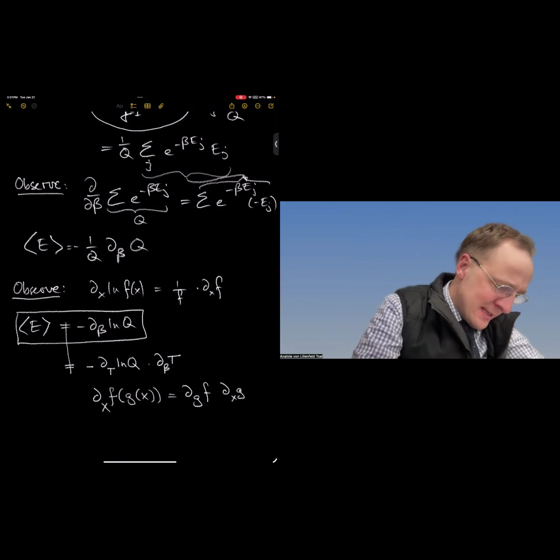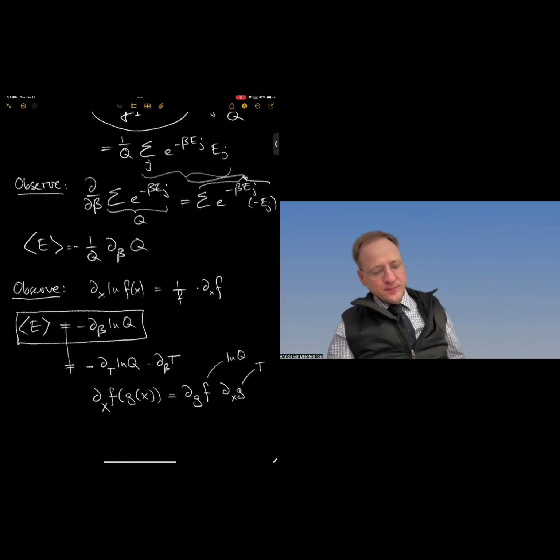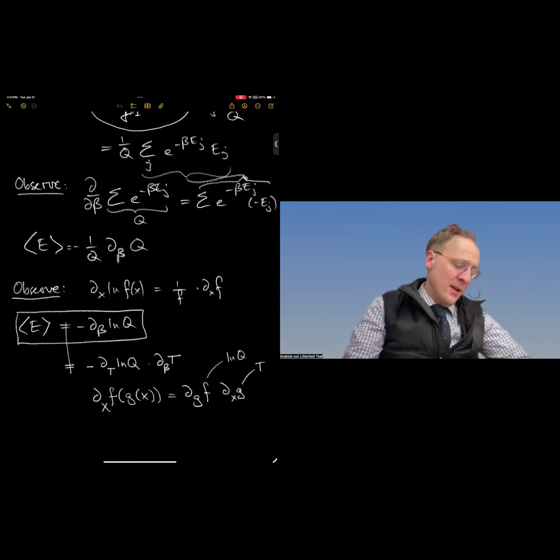So in our case, f is the logarithm of Q, and g is the temperature. Okay.